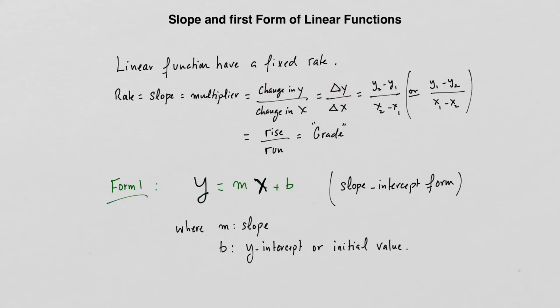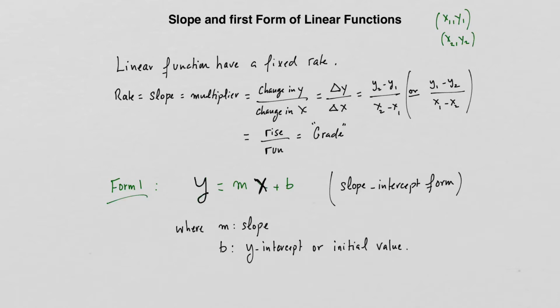Which means if I have 2 points, I want to make sure you get this. If I have 2 points, x1, y1, and x2, y2, the rate of change is y2 minus y1 over x2 minus x1, right? But if you decide to start with this point, you say y1 minus y2 divided by x1 minus x2.